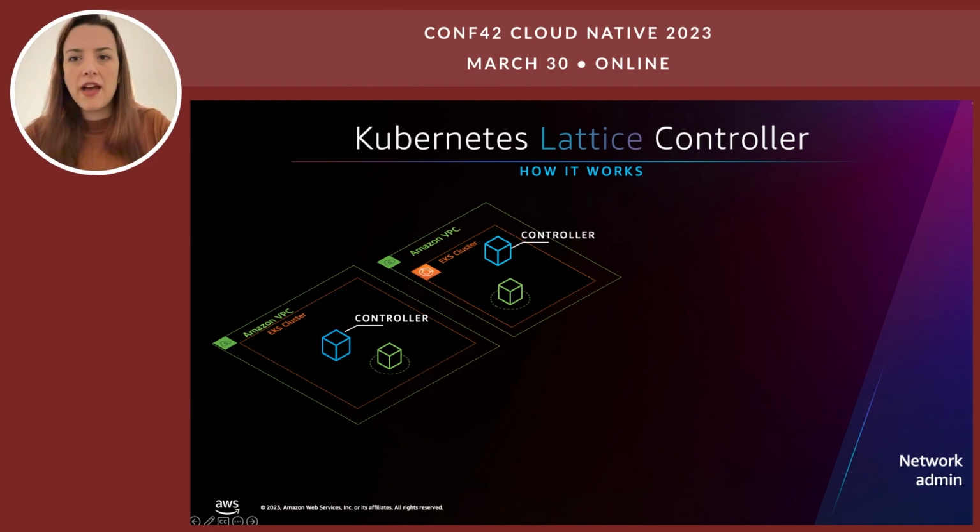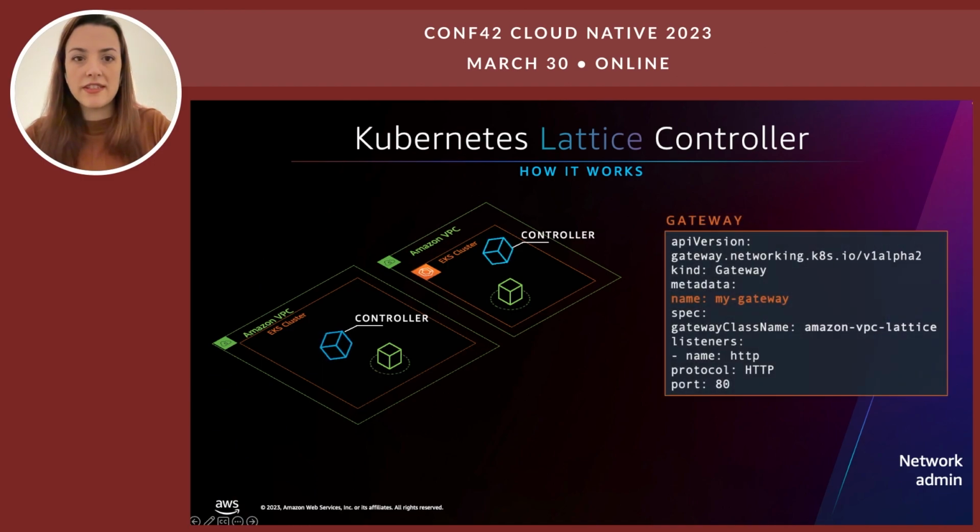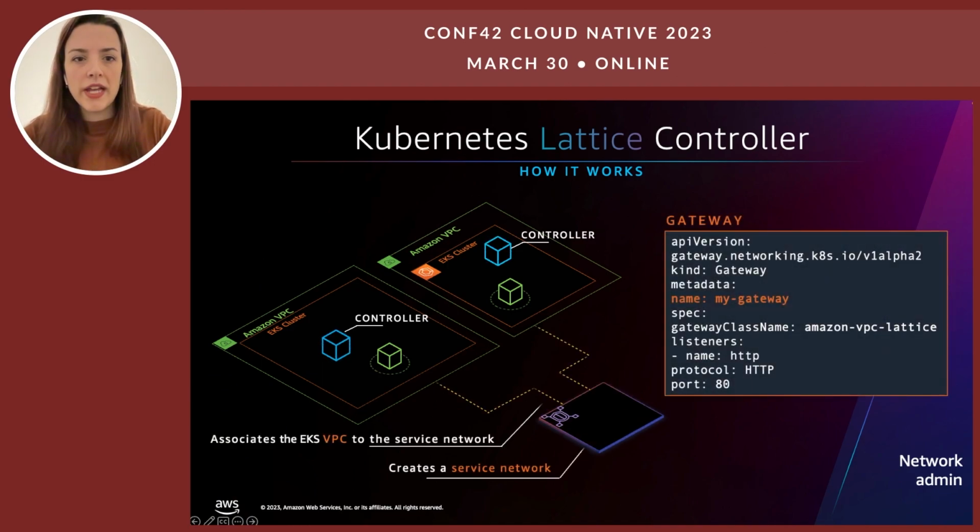We have, for example, an object like the Gateway, which is deployed. Once deployed, the controller will automatically create a service network and associate the VPCs where the EKS clusters live with the service network.